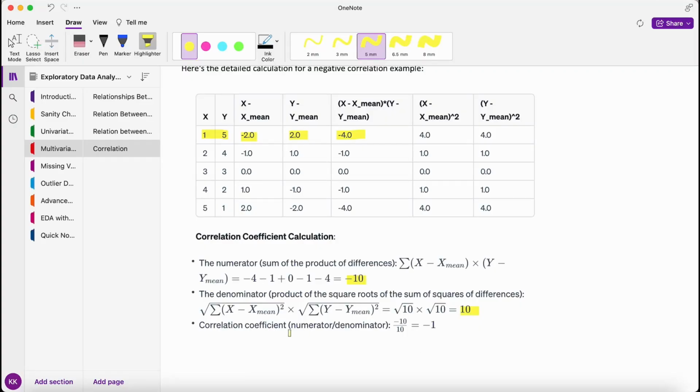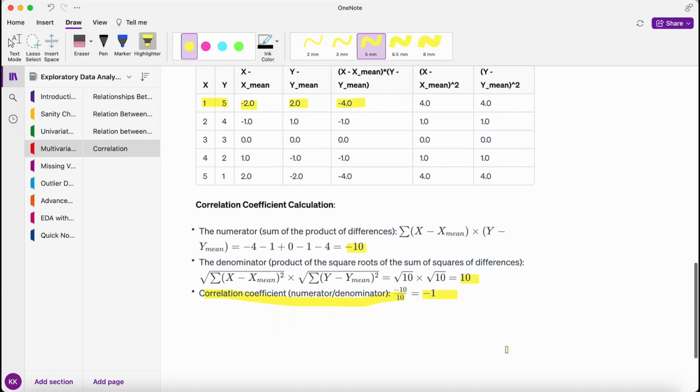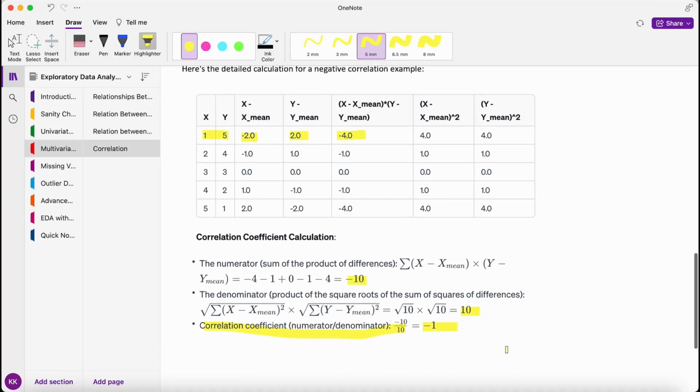Finally, we divide our numerator by our denominator. -10 divided by 10 gives us a correlation coefficient of -1. This result of -1 indicates a perfect negative linear relationship. In practical terms, for every unit increase in x, there is an equal unit decrease in y. Understanding the Pearson correlation coefficient is key to exploring relationships in data.